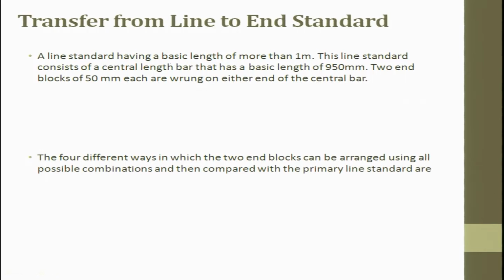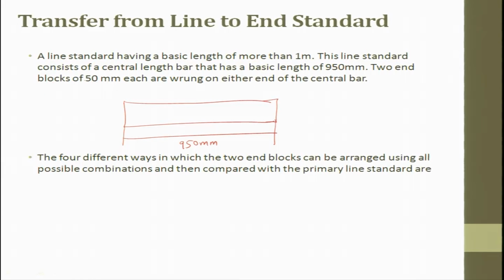A line standard having a basic length of more than 1 meter consists of a central length bar. This is a central length bar of 950 millimeter. At both the ends there are blocks.